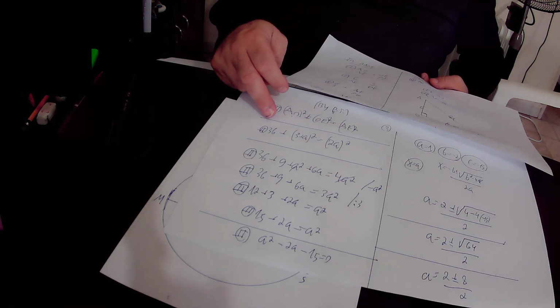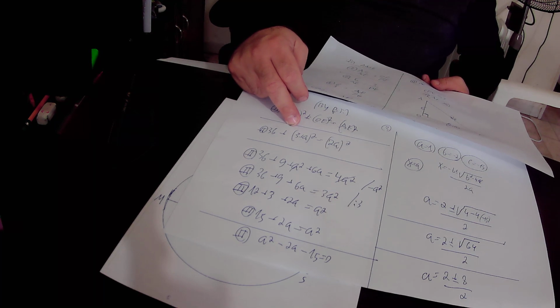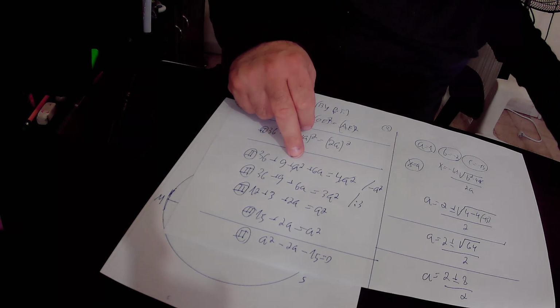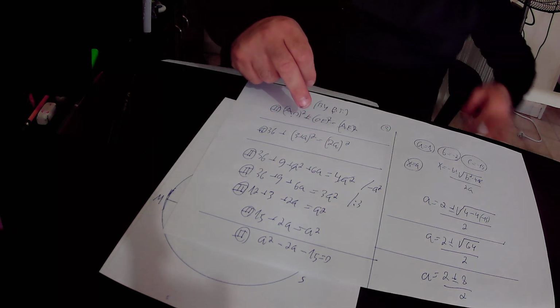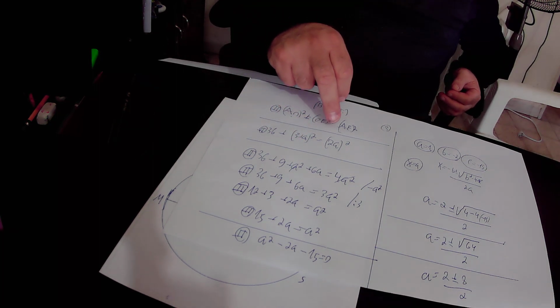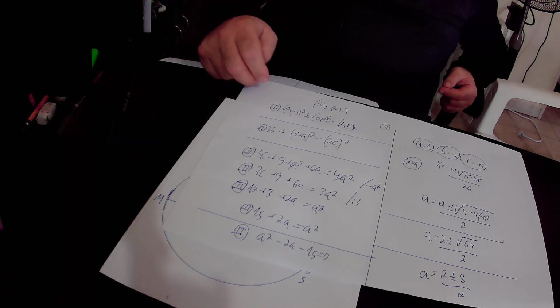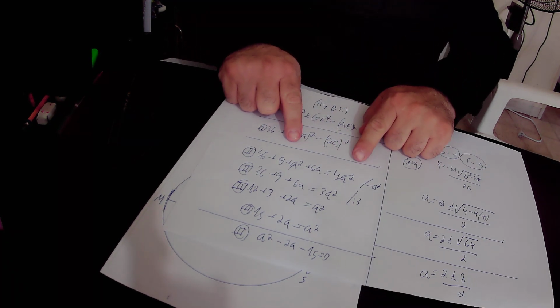So here 36 plus, we open the brackets, (3 plus A) squared equals 3 squared, that is 9, plus A squared, plus 6A, and it is equal to (2A) squared. (2A) squared is 4A squared. We subtracted A squared from this equation, equation number 2.